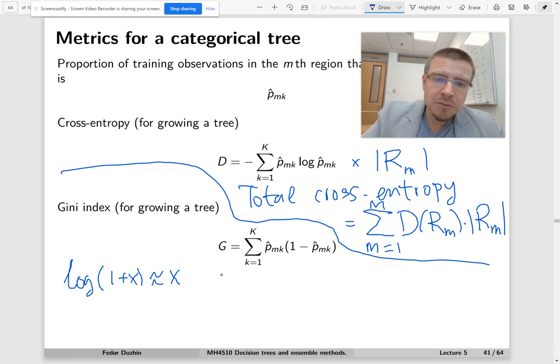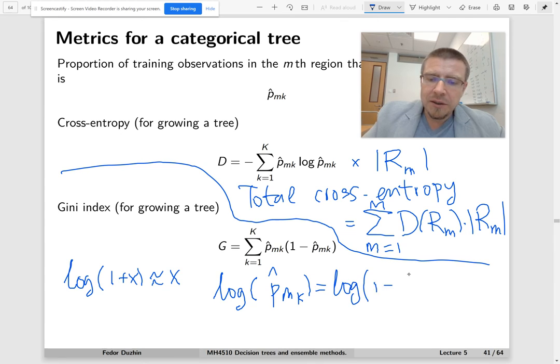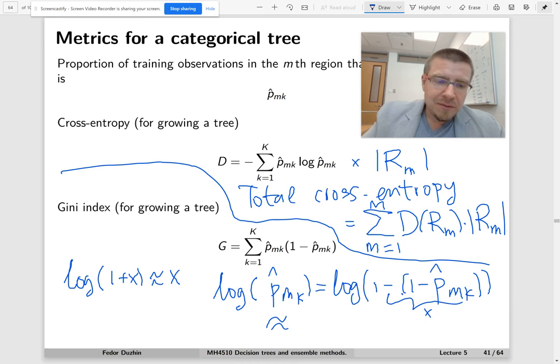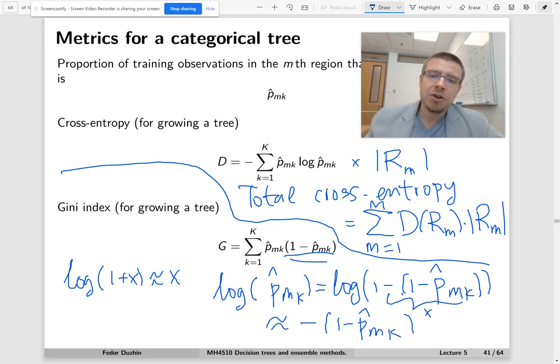Which means that a logarithm of our p hat k, which is equal to logarithm of 1 minus (1 minus p hat mk), approximately equals, so this becomes my x, so this becomes minus (1 minus p hat k), approximately equal. And this is what this term is replaced with in the Gini index. So it just works very similar. So the only advantage is that it doesn't have logarithms.